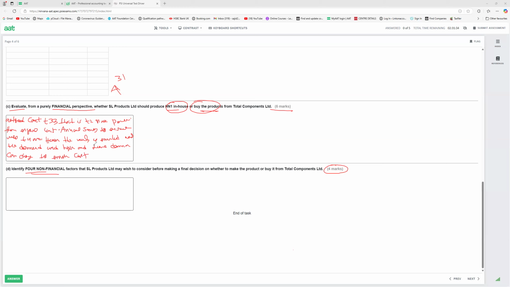So higher or lower demand can change the in-house cost. It's very important to understand this point.